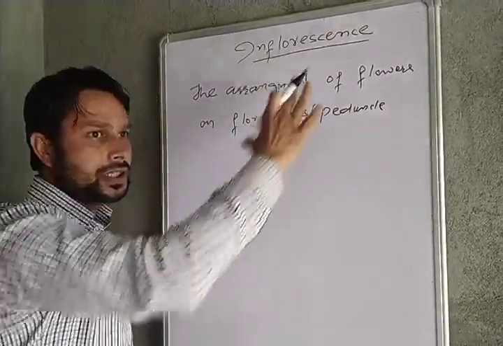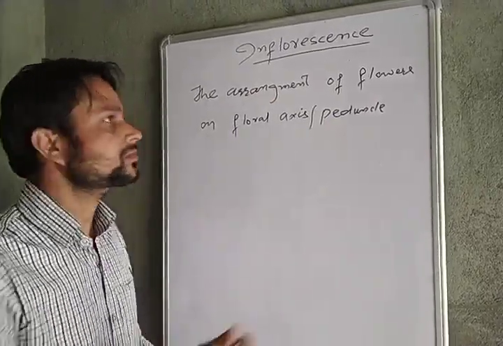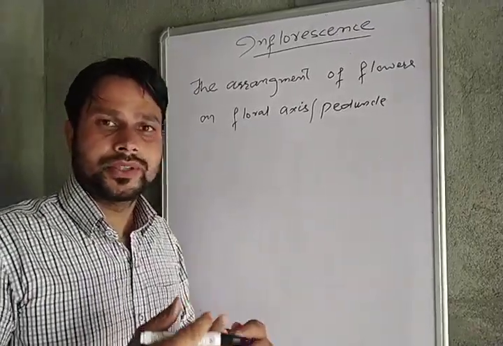So inflorescence is the arrangement of flowers on the floral axis, and it is of different types.